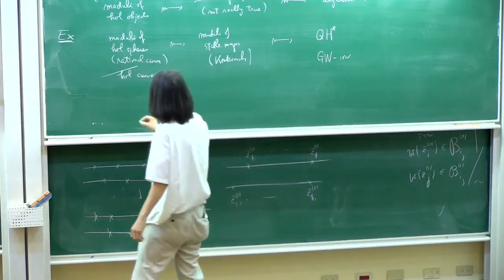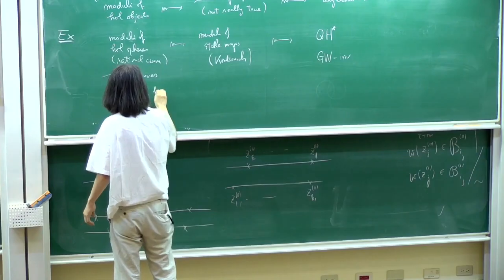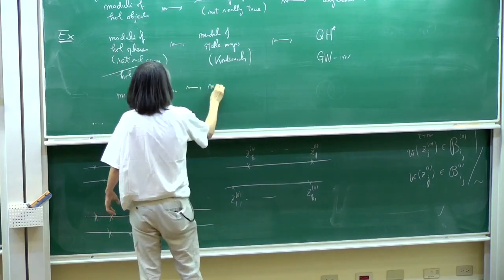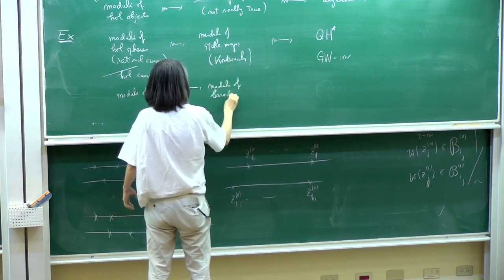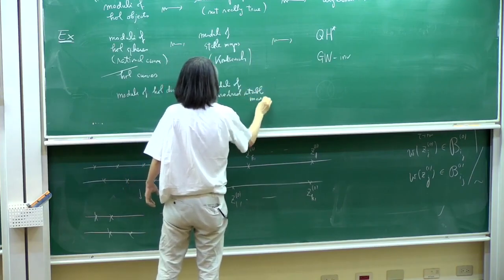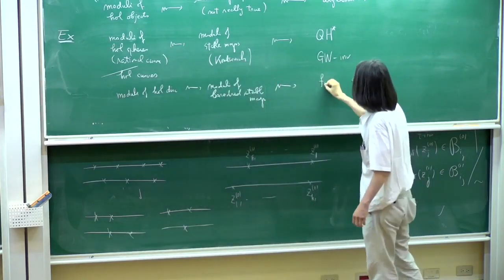So yeah, this sort of story. And if we have a moduli space of holomorphic disks, then here the moduli space of bordered stable maps. And then from here we will cook up this filtered infinity algebra.